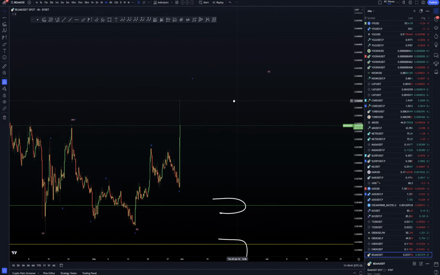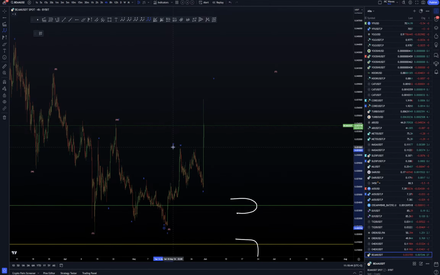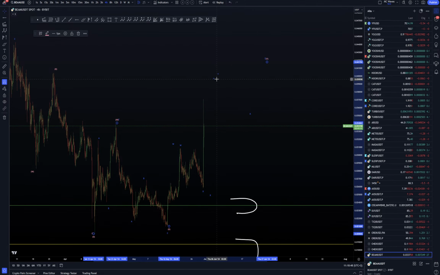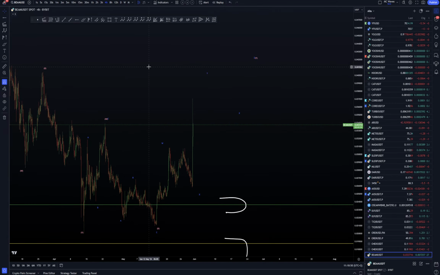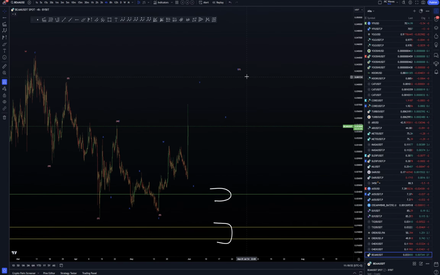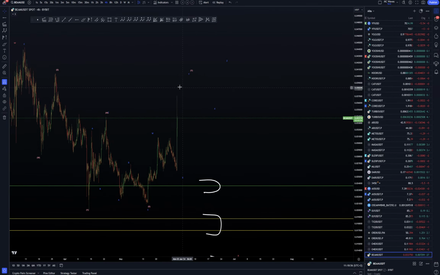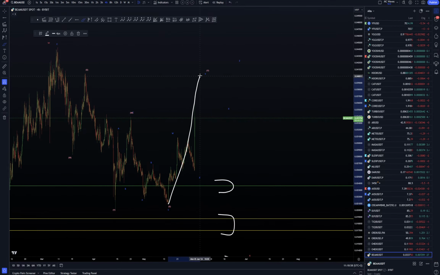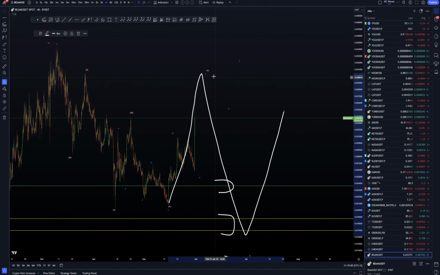So a WXY cannot finish like that, so we can look for a WXY X and Z, for example, to finish that white wave. If we do only a WXY, we cannot finish the white wave like this. So for example, if we do only a WXY, we can look next for an A, B, C flat to complete this white wave.